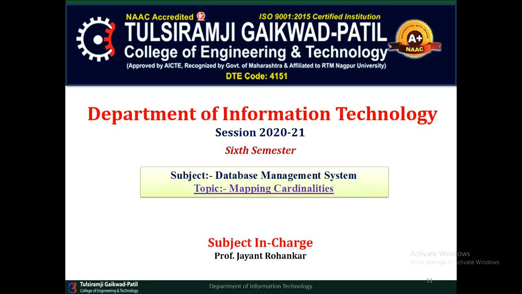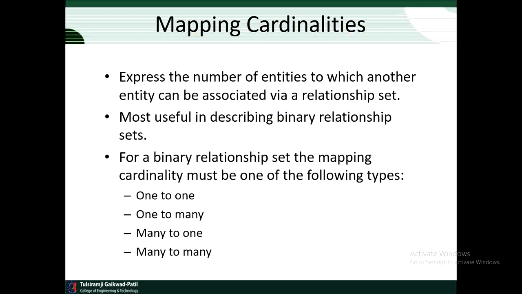For a binary relationship set R between entity sets A and B, the mapping cardinality must be one of the following. Mapping cardinality expresses the number of entities which are associated with another entity via the relationship set, describing the binary relationship set.